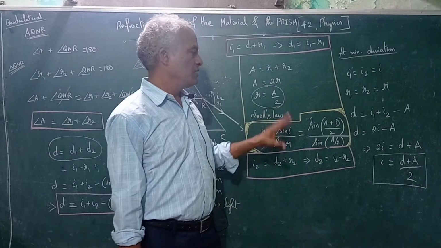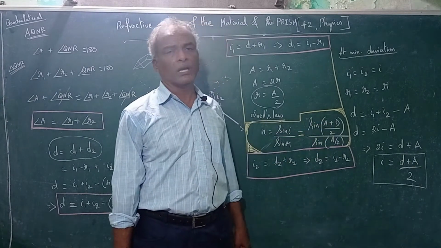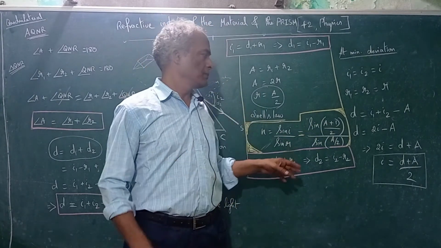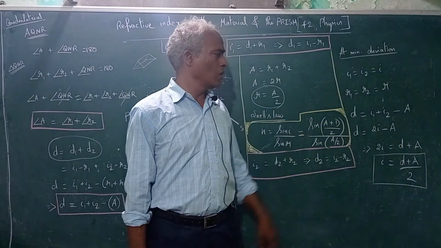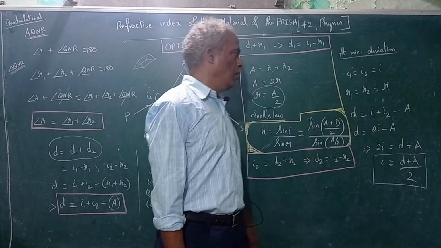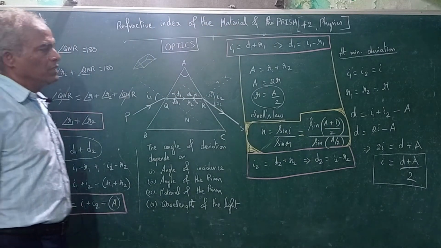Now if you carefully see the formula, we are taking the readings outside the prism. A is the apex angle of the prism, and D we will already know. D is D1 plus D2, and we have simplified this with that.